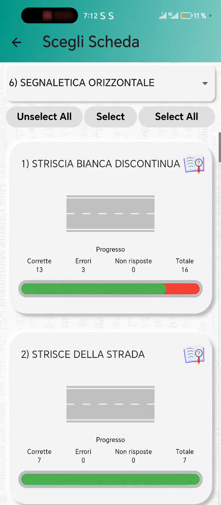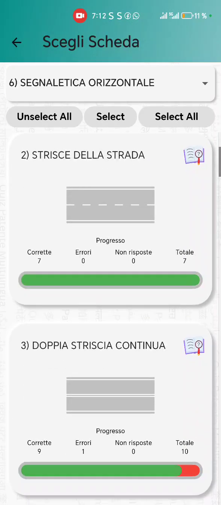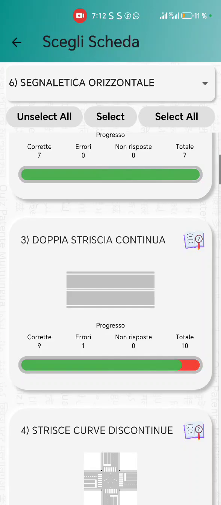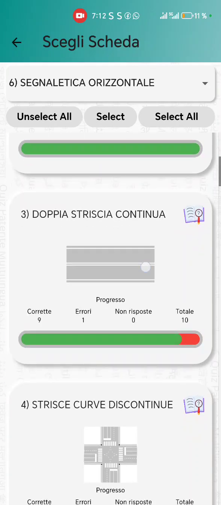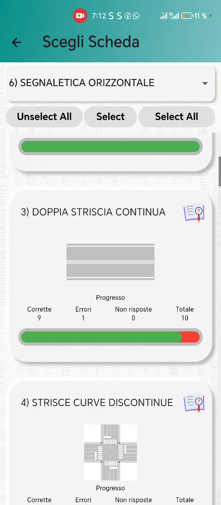The only place you will have a problem is if you come across this other one, linea continua. This linea continua, what does it do on the road? This one you cannot cross. You cannot cross to the other lane, in the sense that you cannot overtake into the other lane.